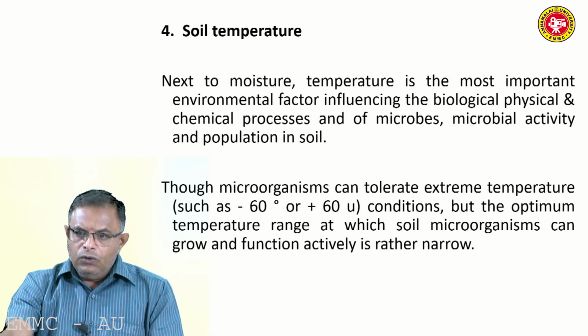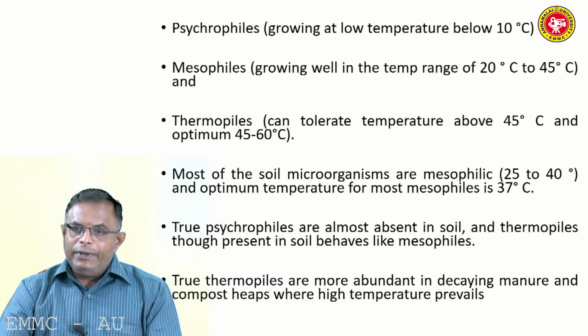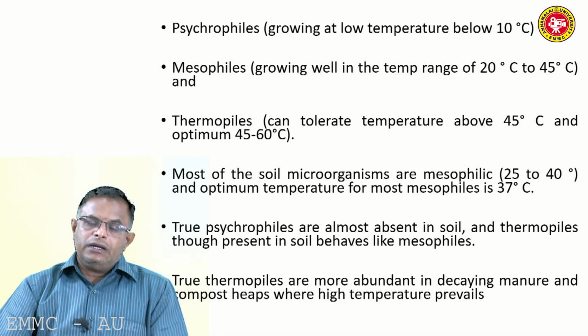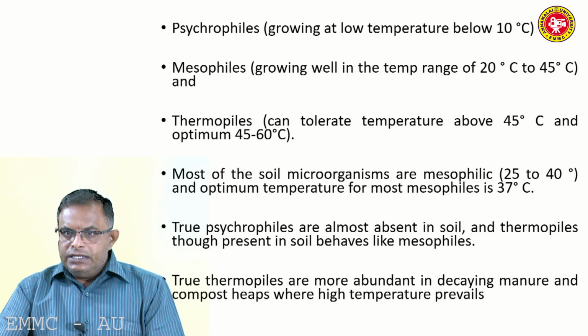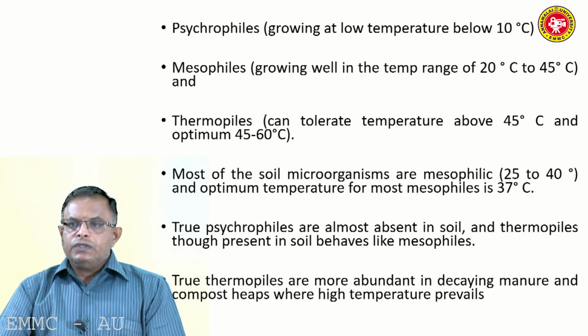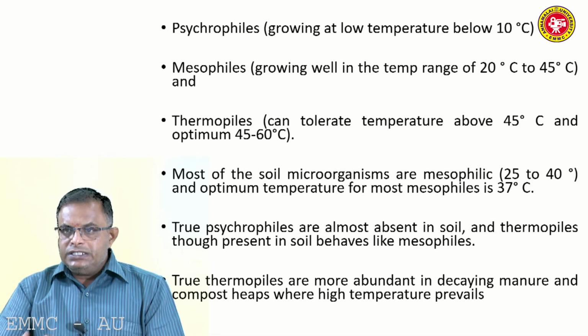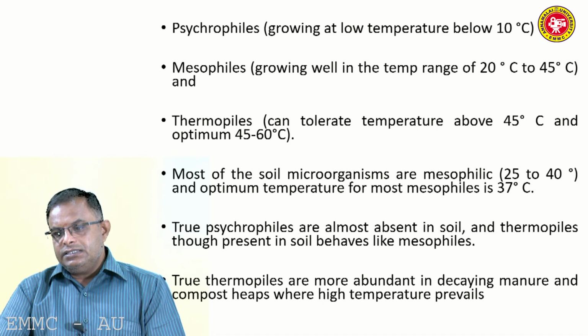Based on temperature requirements, microbes are classified into three types, that is psychrophiles, mesophiles and thermophiles. Psychrophiles are organisms which grow at low temperature, below 10 degrees Celsius.